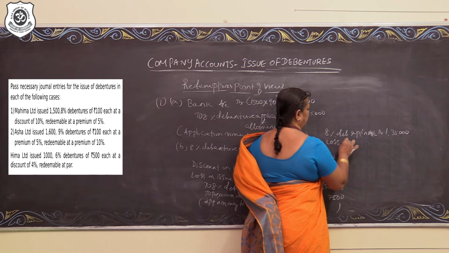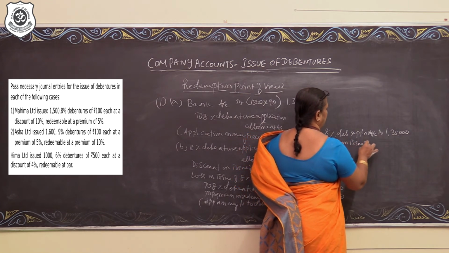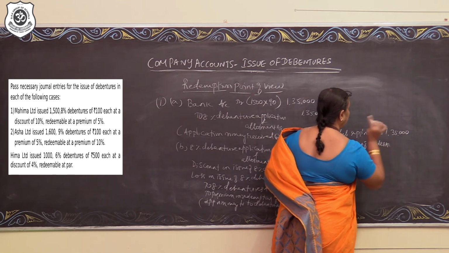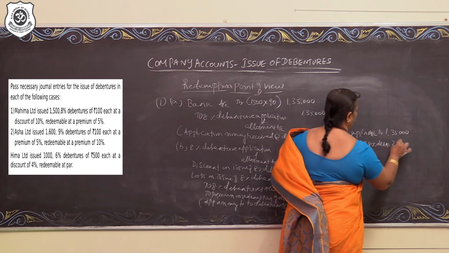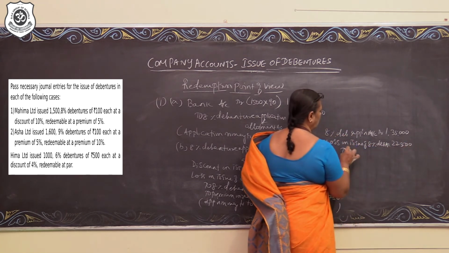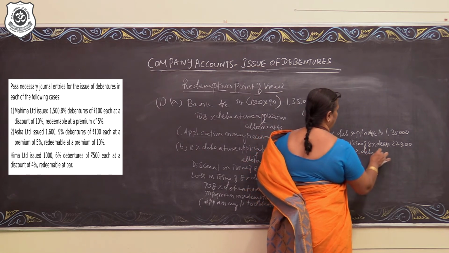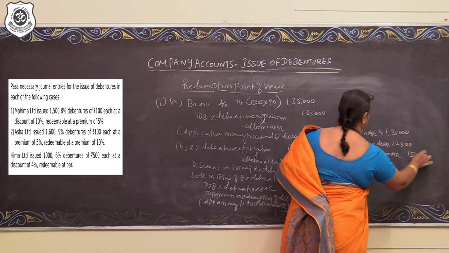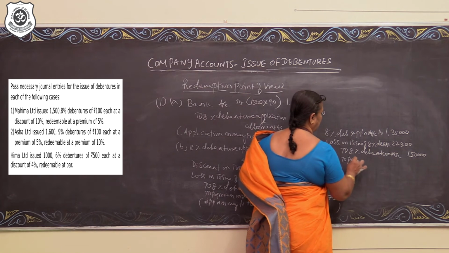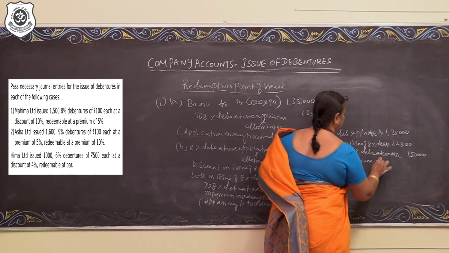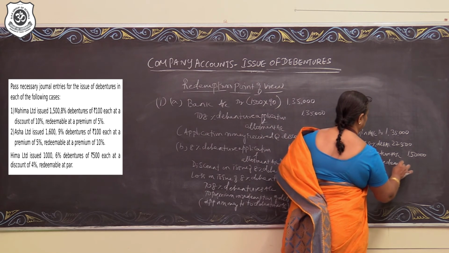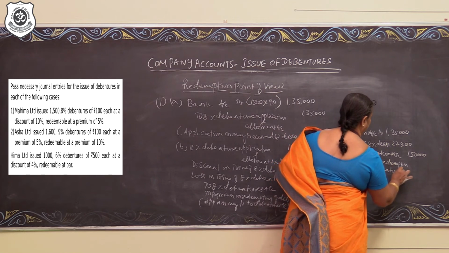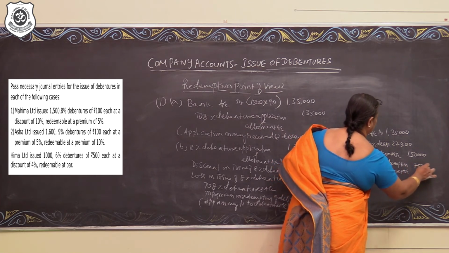Loss on issue of 8% debentures account debit will be 15,000 plus 7,500, 22,500, to 8% debentures account, 1,50,000, to premium on redemption of debentures account, 7,500.